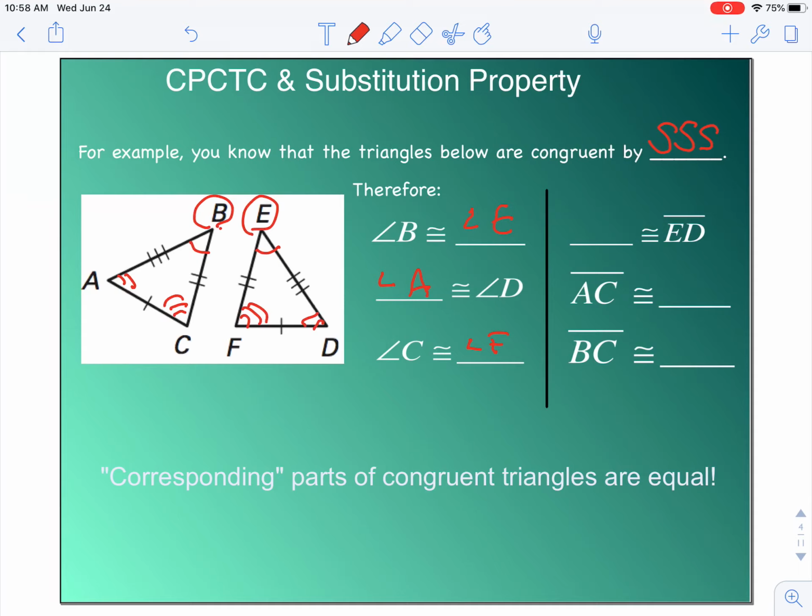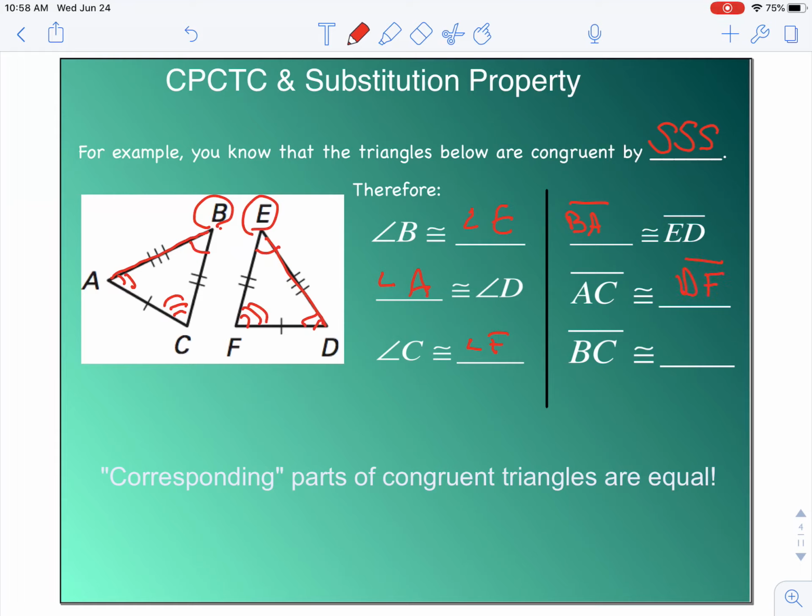And we already know the sides are marked, but we know that ED right here is corresponding and congruent to the other 3 tick mark side, BA. And we know AC is 1 tick mark, and so that is corresponding and congruent to DF.